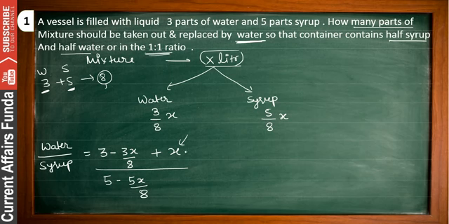Okay, because we need to add some quantity of water here, so we are adding x quantity also here. Okay, so after multiplying both the two things, you just need to put the value of water and syrup in 1:1 ratio.